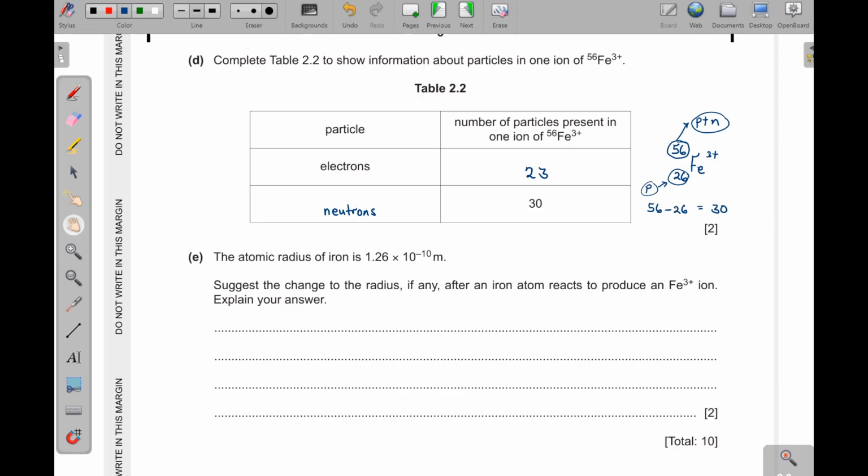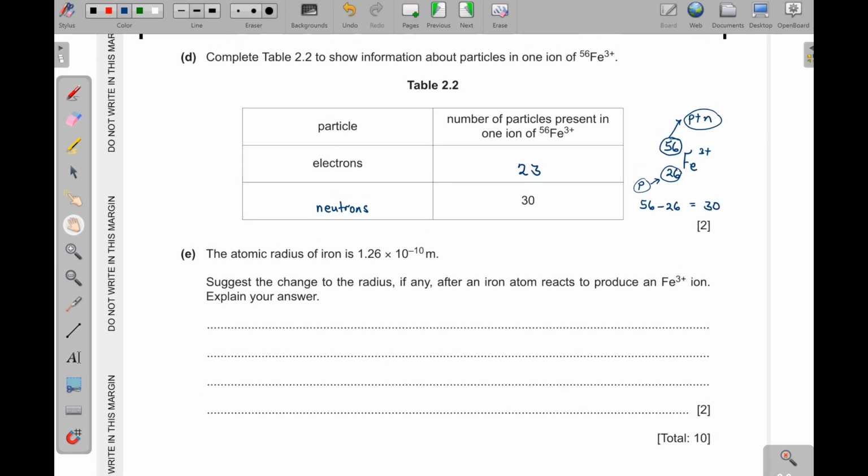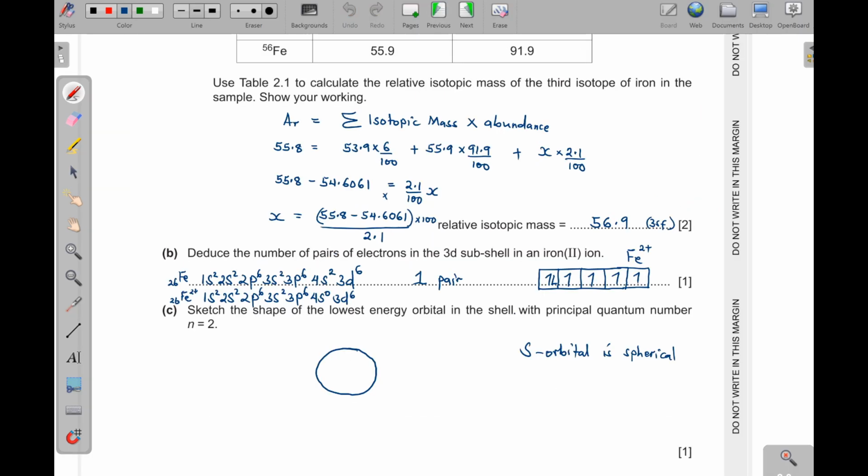As simple as that. Then next, we have the atomic radius of iron is this one here, 1.26 times 10 to the power of negative 10 meters, suggests the change in the radius, if any, after an iron atom reacts to produce iron 3. Now, first of all, we see when you check back here, one shell has gone. This is for iron 2. Then one electron has gone from here, so we are having a 5.